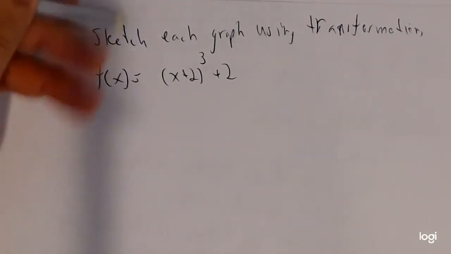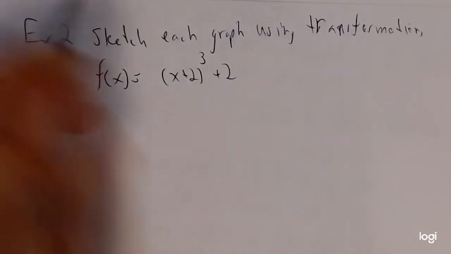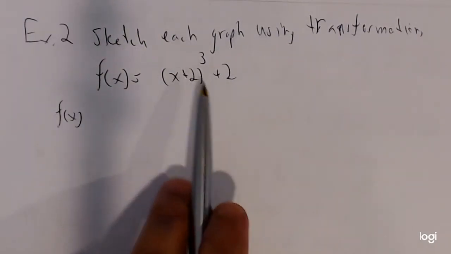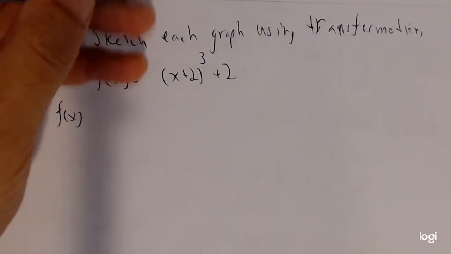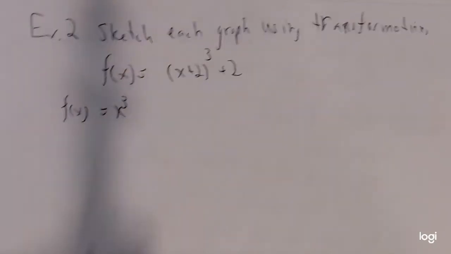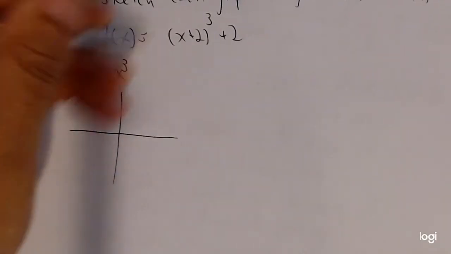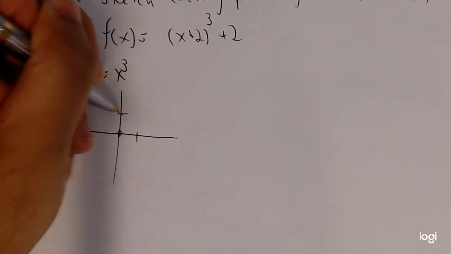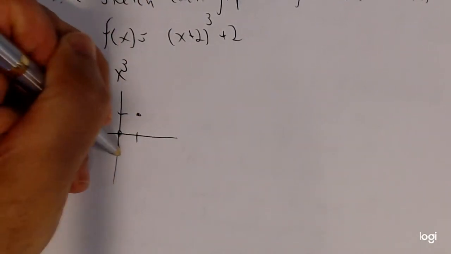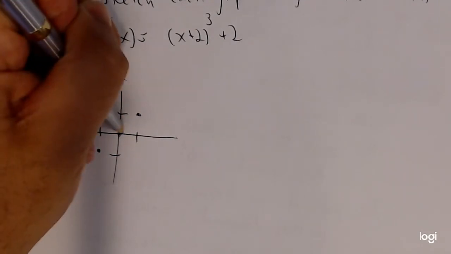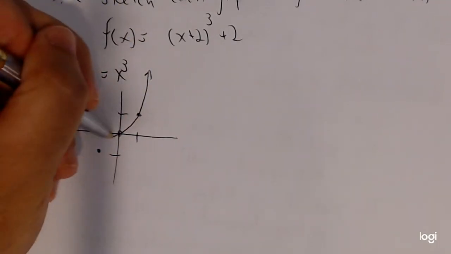But what's the basic graph we're going to start off with? If you think about this, what's the main function we see? This is a cubic. So we're going to start off with x cubed, and we know what the graph of that looks like, which is literally just (0, 0), (1, 1), (-1, -1).